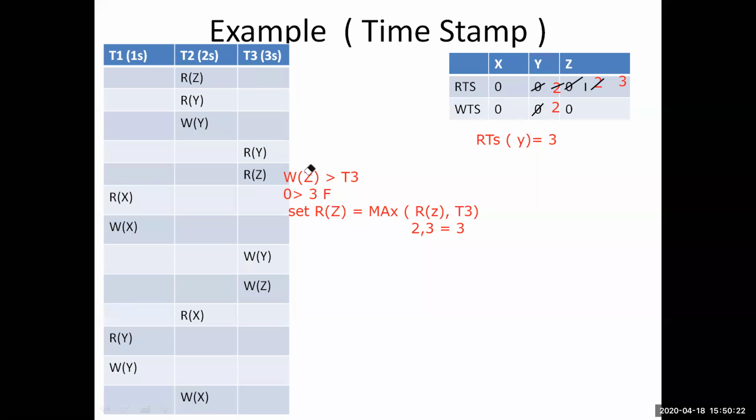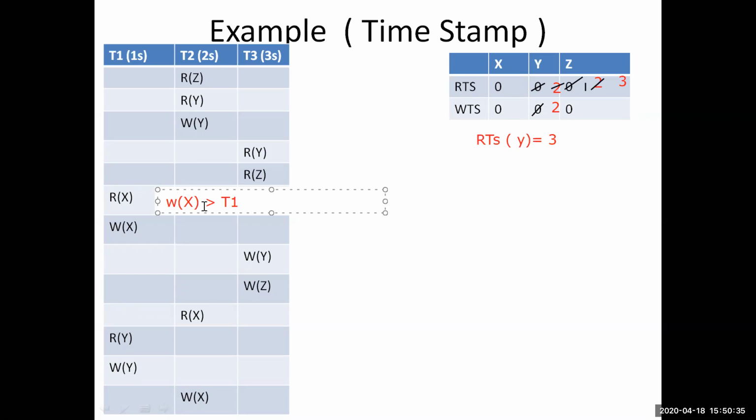Similarly, I'll check this read of X. For read of X, I need to check whether write of X is greater than the timestamp of T1, because I am under transaction T1. The initial write of X is 0. Is it greater than 1? The answer is false.